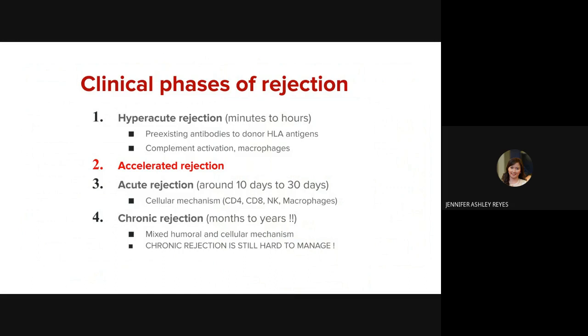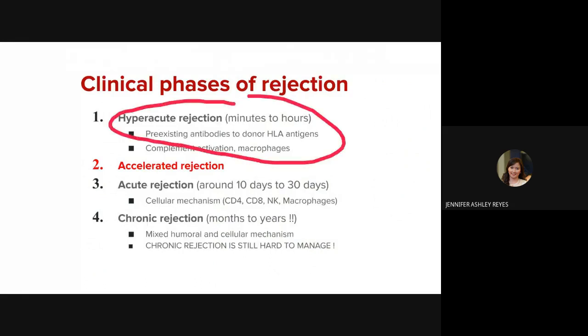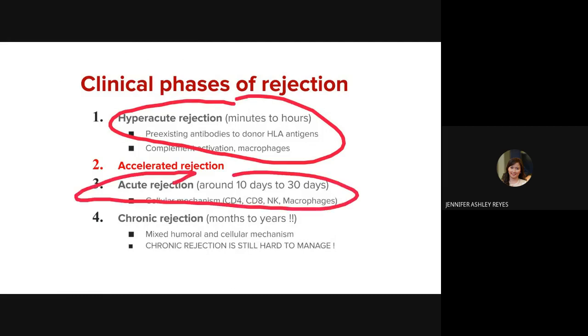So hyperacute rejection, pre-existing preformed antibodies. Acute cellular rejection, antibodies that are created after the tissue transplantation. And chronic rejection, mostly mixed humoral and cellular mechanism.